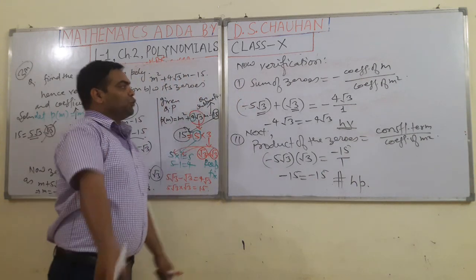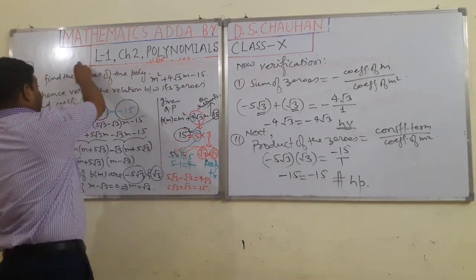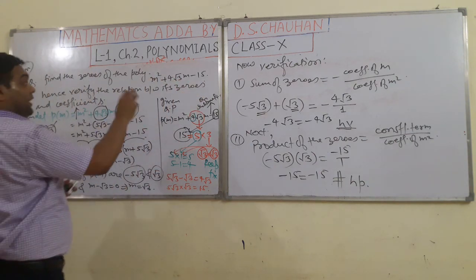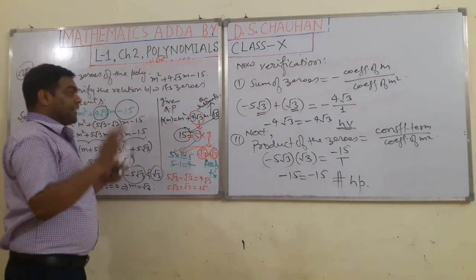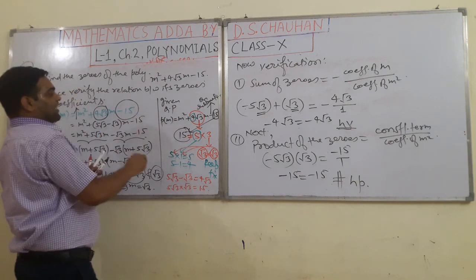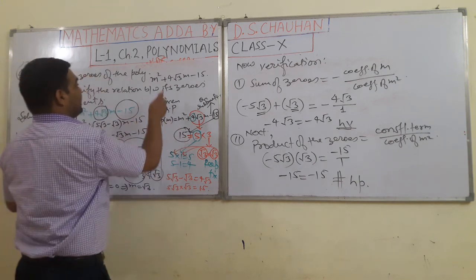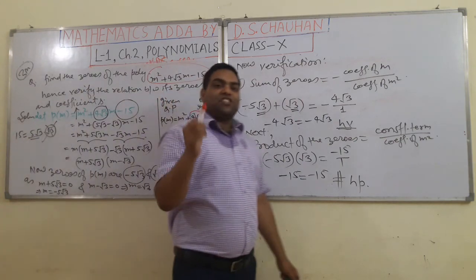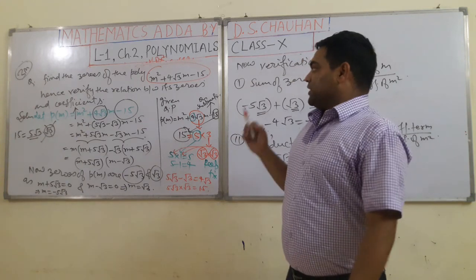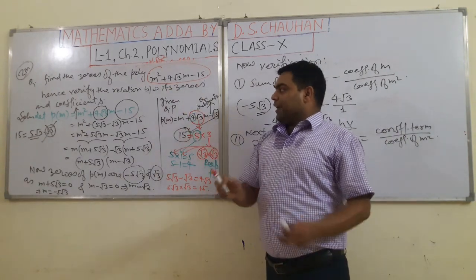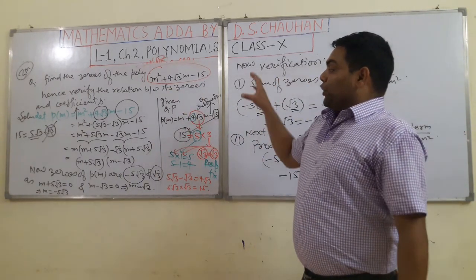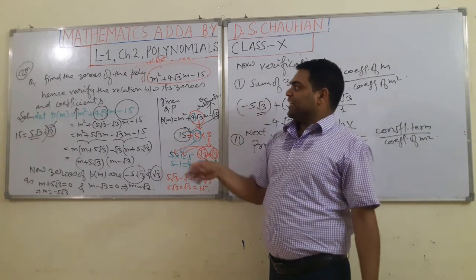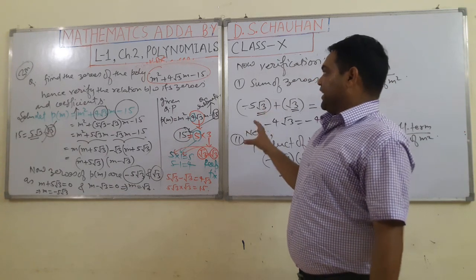In this way, students, you have seen the zeros of the given polynomial and the verification between its zeros and coefficients in detail, and also I have described how to factorize such type of polynomial where there is the existence of irrational numbers, but no doubt all numbers are real. You have seen how to find the zeros and how to establish the relationship between zeros and coefficients.